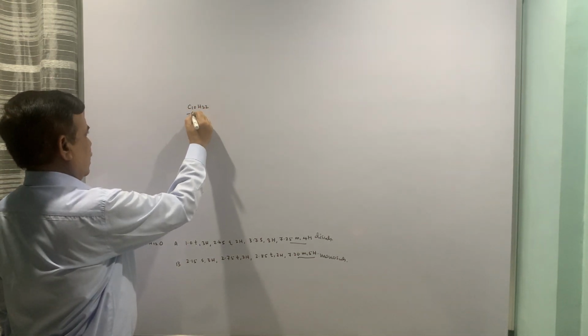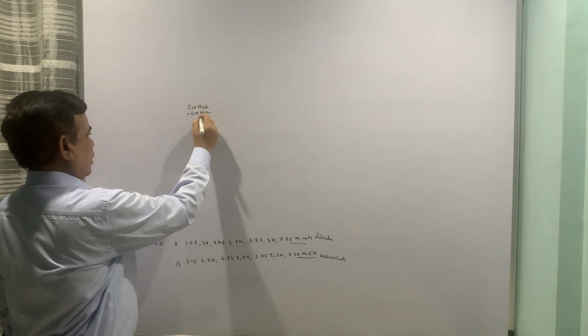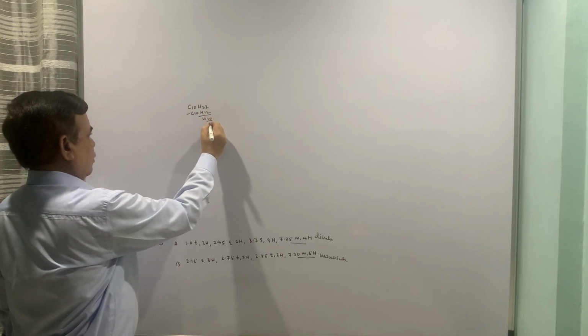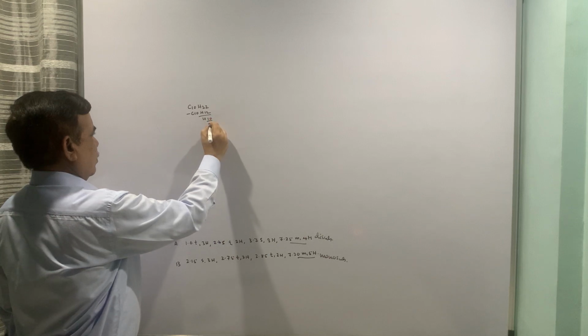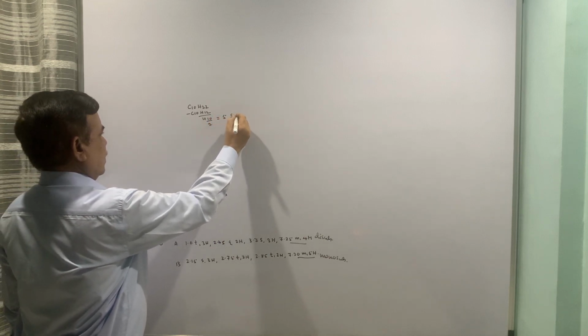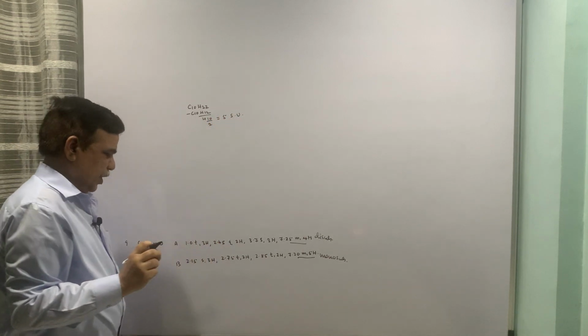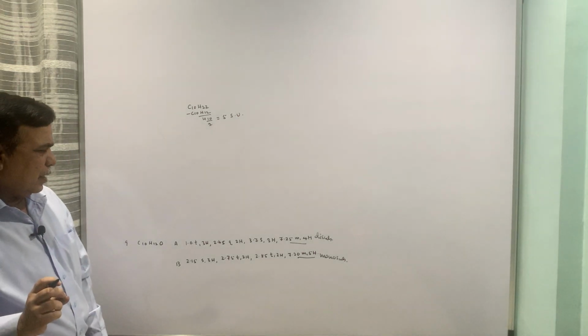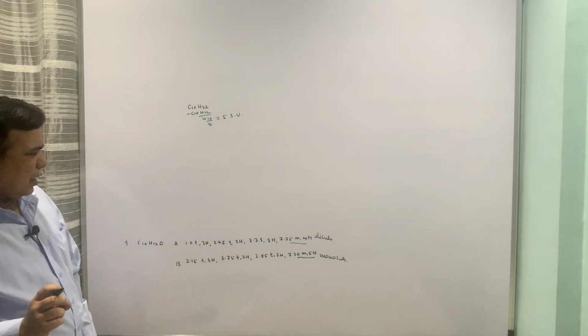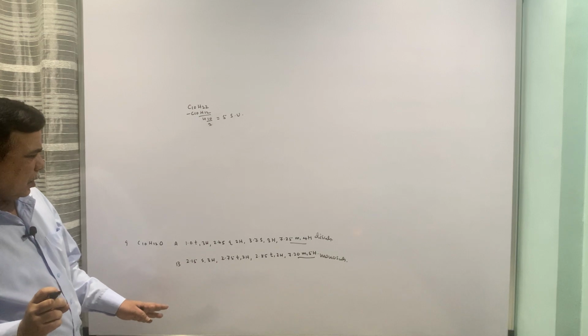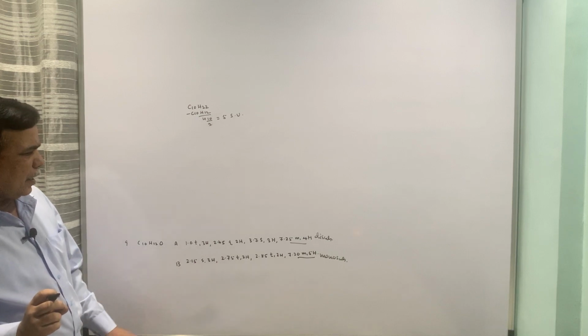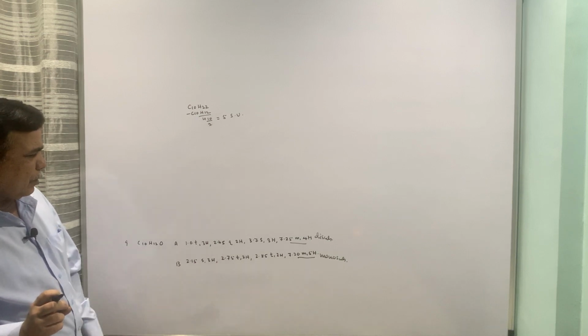C10H22 minus C10H12. So 5 sites of unsaturation are there. So besides the aromatic ring, there has to be one carbonyl group which can take care of the 5th site of unsaturation.